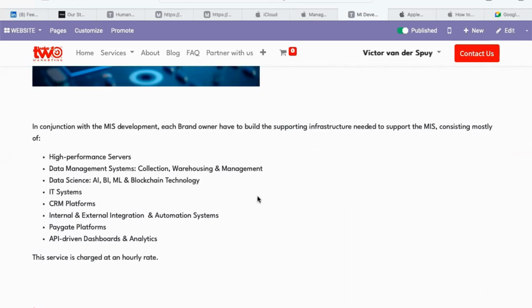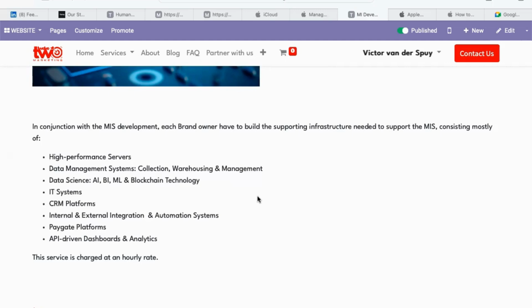Data management systems that are responsible for collection of data, warehousing of the data, management of the data, and also the analytics of the data, which is a very complex, highly sophisticated affair.